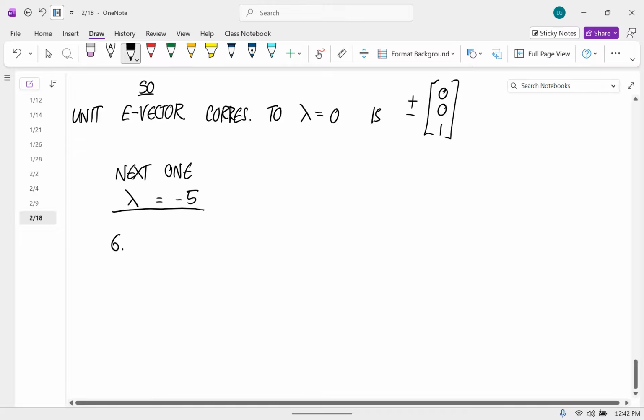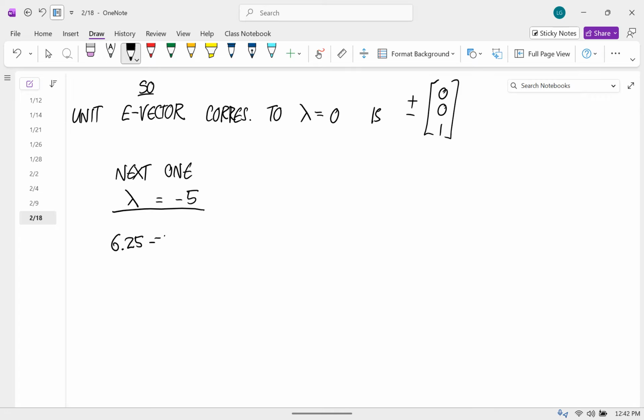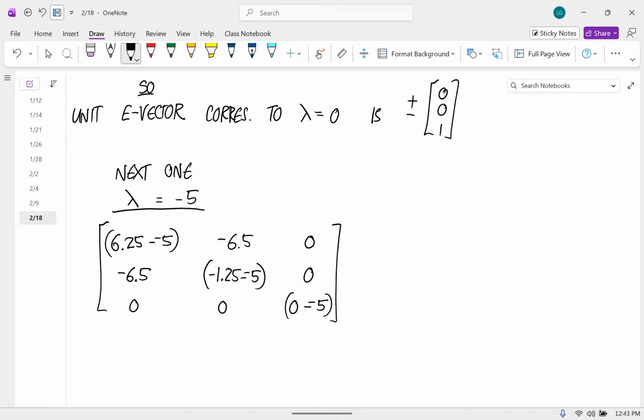So we have 6.25 minus negative 5, negative 6.5, 0, negative 6.5, negative 1.25 minus negative 5, 0, 0, 0, 0 minus negative 5, times nx, ny, and nz is equal to zeros.